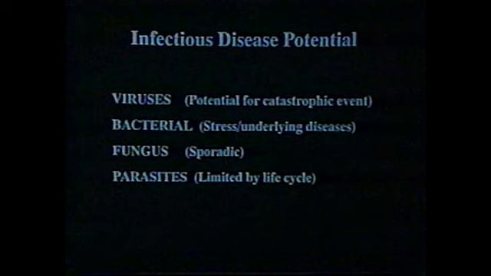Bacterial infections are often associated with stress and other underlying diseases. Fungal diseases are often more sporadic, and then parasites are limited by their life cycle. For example, if there's an intermediate host that's not available in the captive setting, the parasite probably isn't a problem.